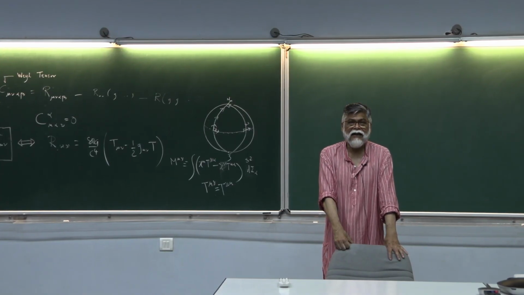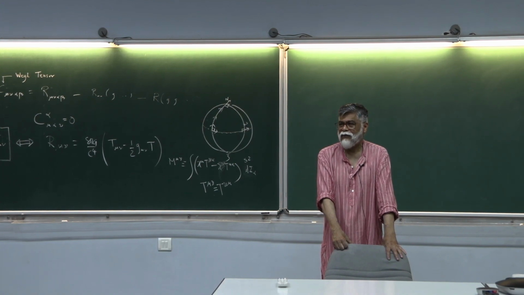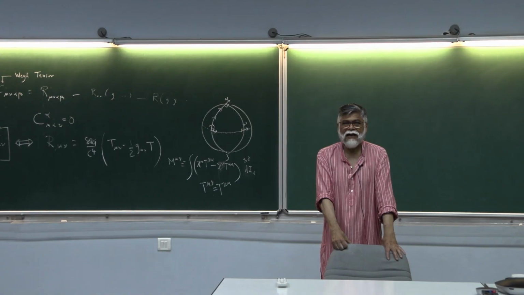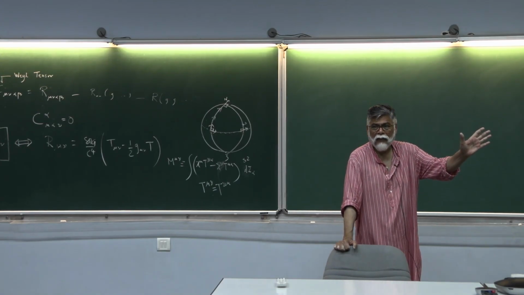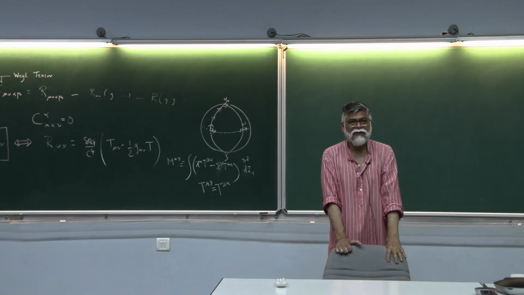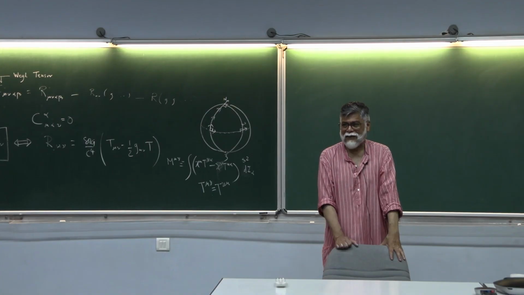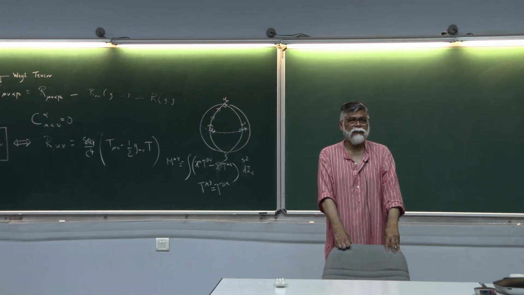And if it doesn't change under any translation, x goes to x plus delta x, y goes to y plus delta y, z goes to z plus delta z, then the whole momentum is conserved. Similarly, if the Lagrangian doesn't change under time translation, energy is conserved. These are things we prove in our mechanics course.